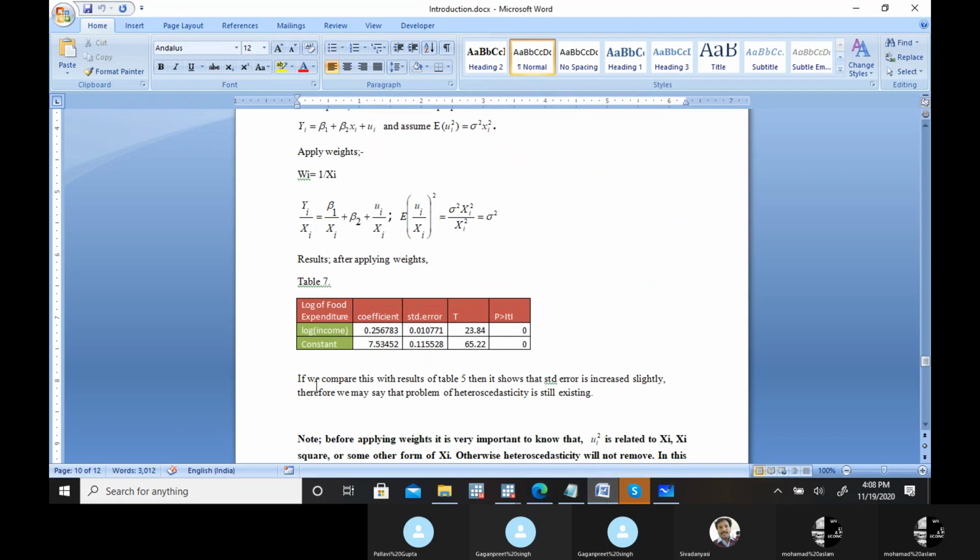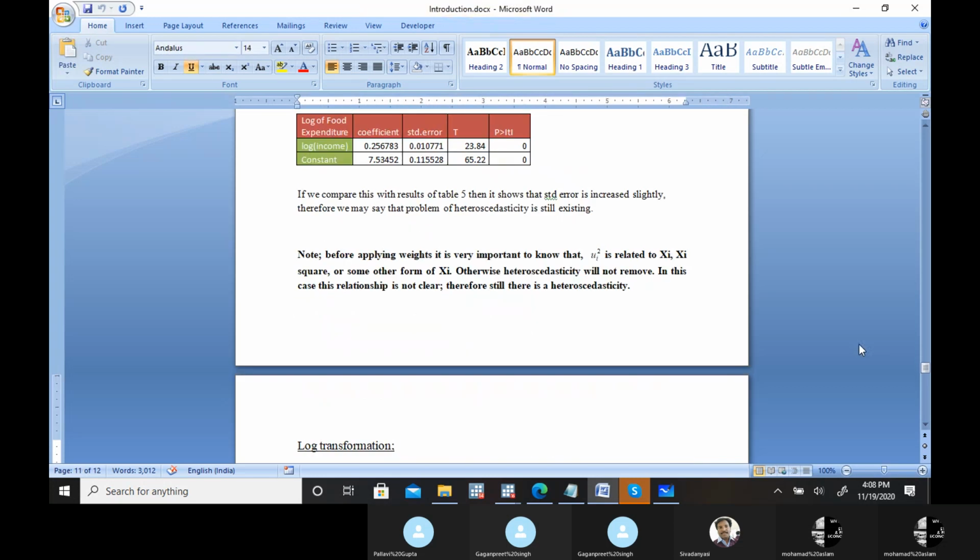Let's see what we have done in the assignments. Yeah, here the problem of heteroscedasticity still exists. If you're applying weights, it's very important to relate the ui square with xi or xi square or any other form. Otherwise, heteroscedasticity will not be removed.